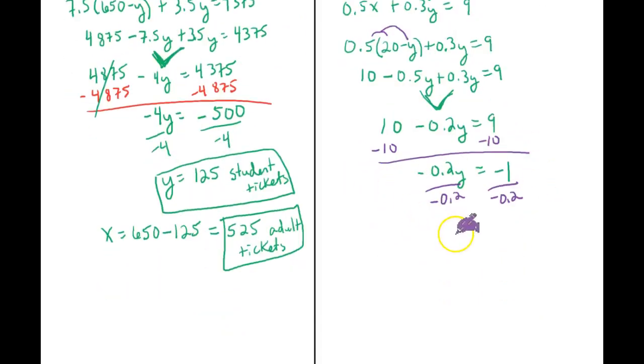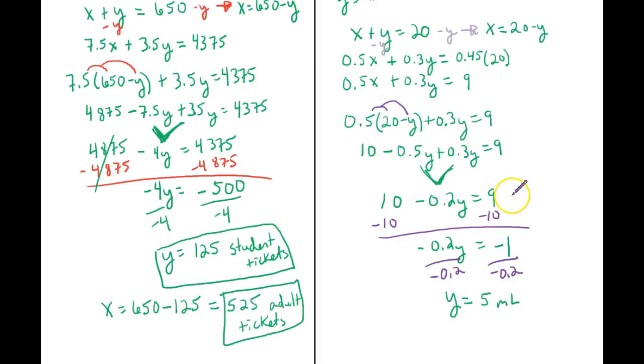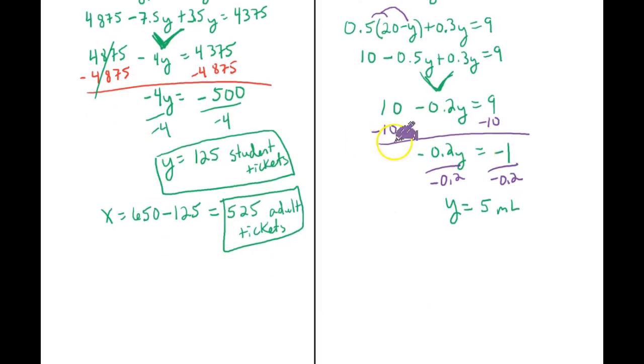And I end up with y equals negative 1 divided by negative 0.2 is positive 5, and that's milliliters of the, I'll go back up here, y was the 30% solution. So 5 milliliters of 30% acid solution.